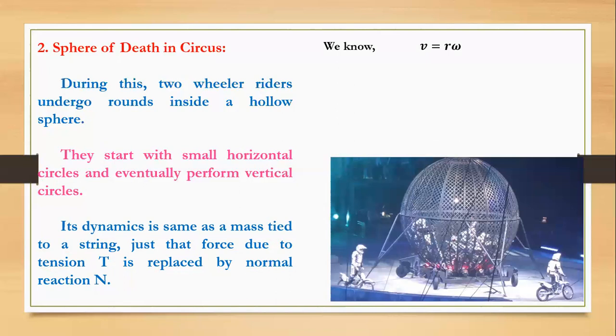We know one formula: linear speed is equal to radius into angular speed, v is equal to R omega. So by using this formula, you can conclude that linear speed is more for a larger circle. Larger circle means a larger radius, and larger radius means more linear speed.